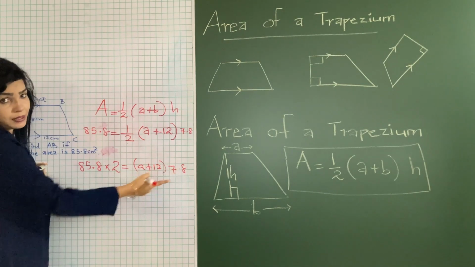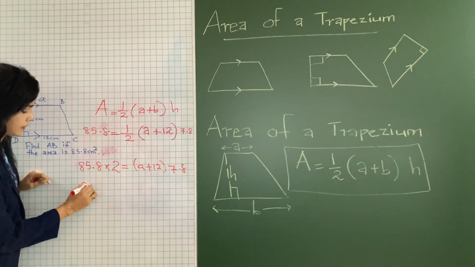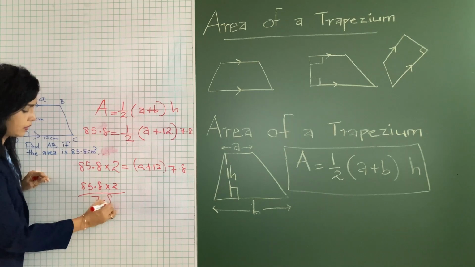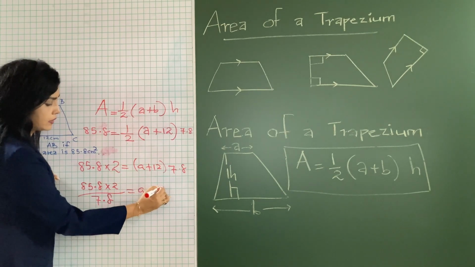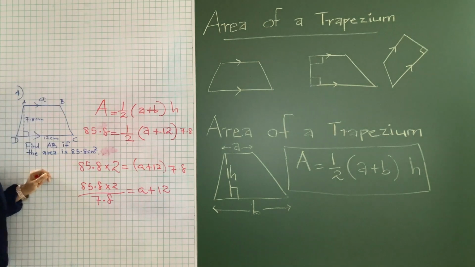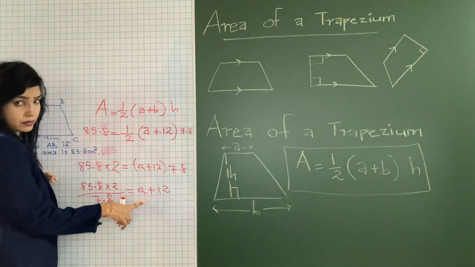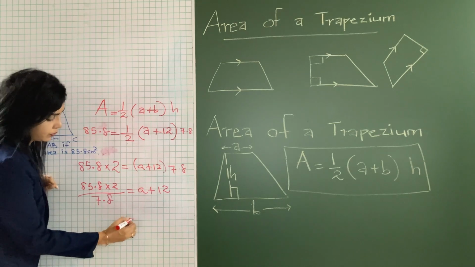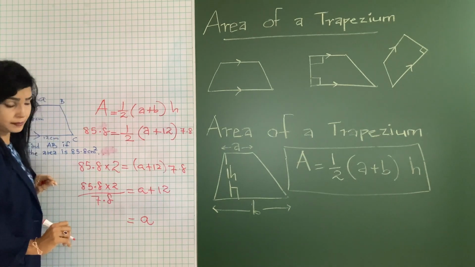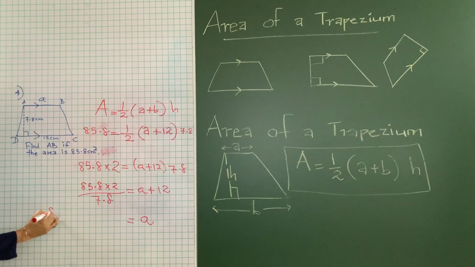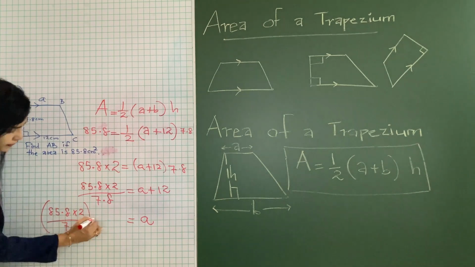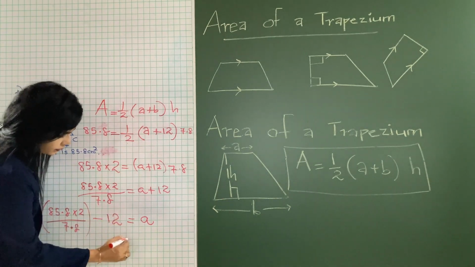Remember that. Into 2, divided by 7.8 is equal to A plus 12. So to subject A, I have to take 12 also to this side. So A I am keeping as the subject. This full term, 85.8 times 2 over 7.8, this full term minus 12 is equal to A.